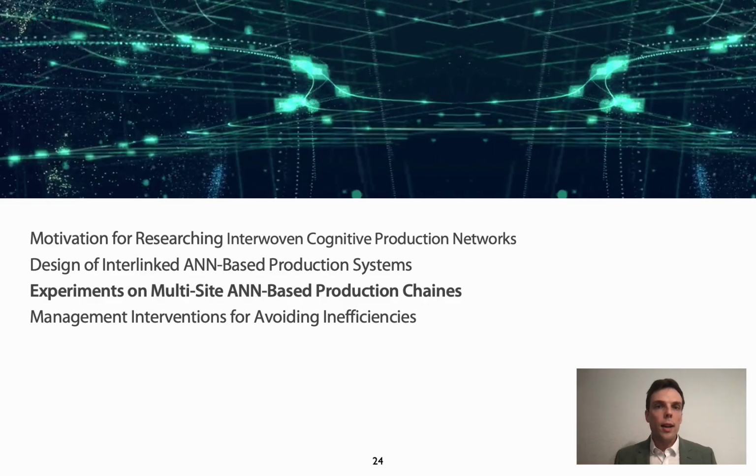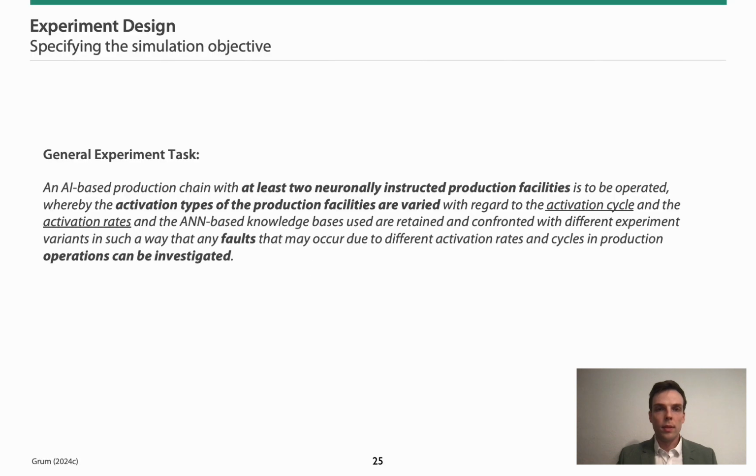So much about the design of the ANN-based simulation environment for multi-site ANN-based systems, and the example of the global marmalade jar production chain. Please find further details, the process views, etc. in the articles mentioned. Let's now face the experimentation. Let's face the general experiment task.